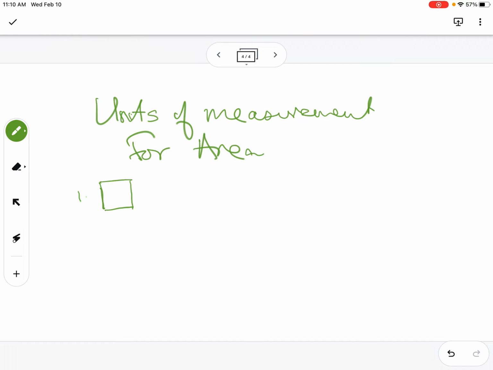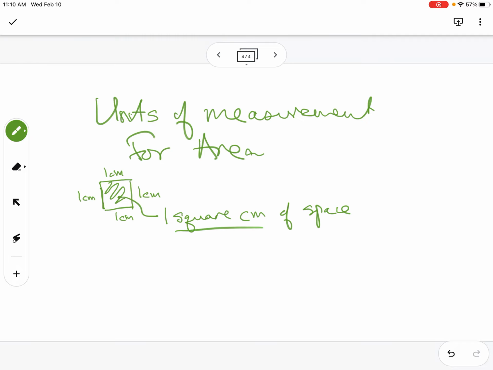So I might use a square that is 1 centimeter, 1 centimeter, 1 centimeter, 1 centimeter. And the amount of space inside that square, this might make a lot of sense, is 1 square centimeter. 1 square centimeter of space.